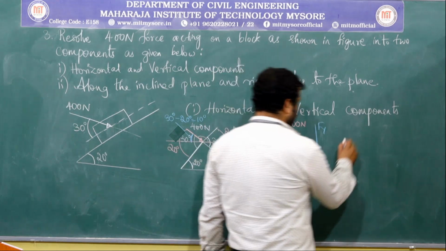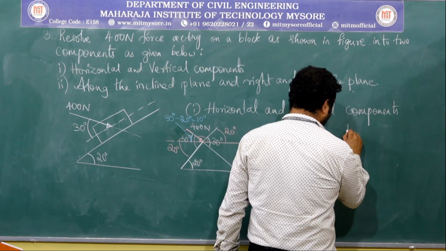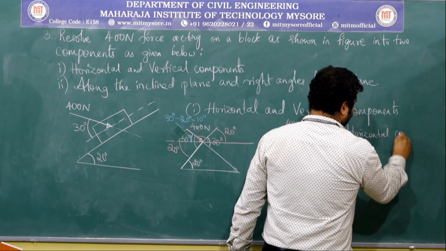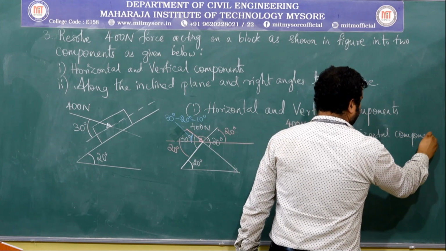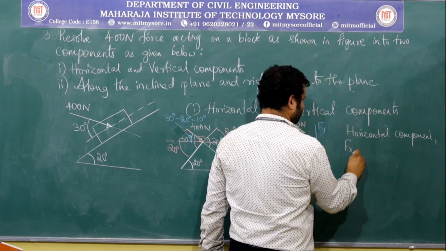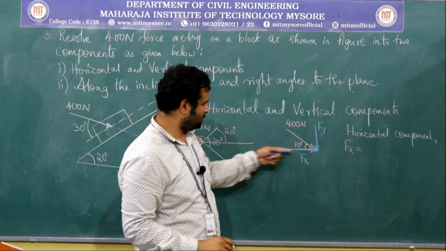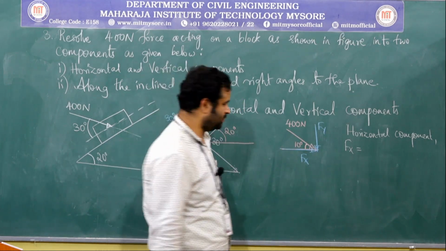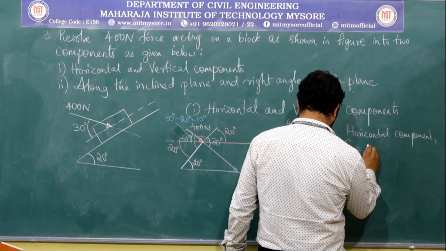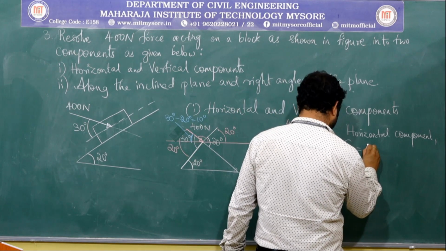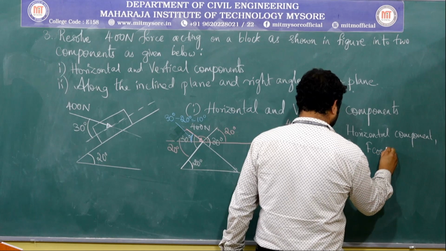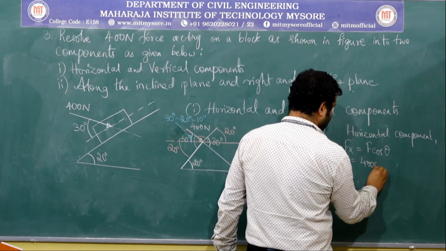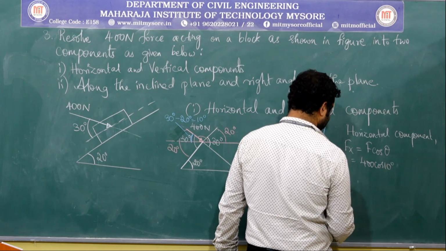So its horizontal component Fx equals to, it is measured towards right, so the sign convention is positive, plus F cos theta, which is equal to 400 cos 10 degrees.